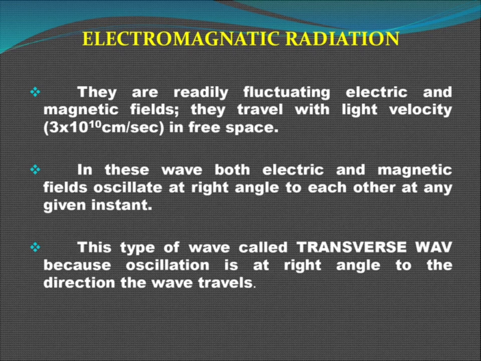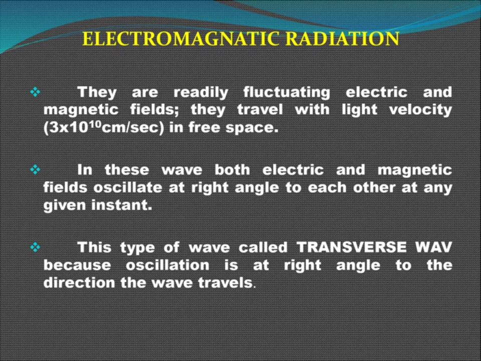So electromagnetic radiations are rapidly fluctuating electric and magnetic fields. When these electromagnetic waves travel, they have two components, electric and magnetic field both. They travel with the velocity of light, meaning 3 into 10 to the power 10 centimeters per second in free space.